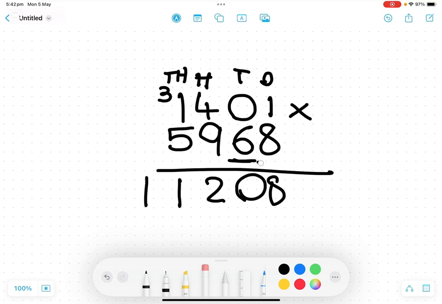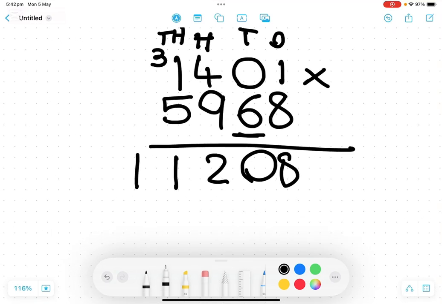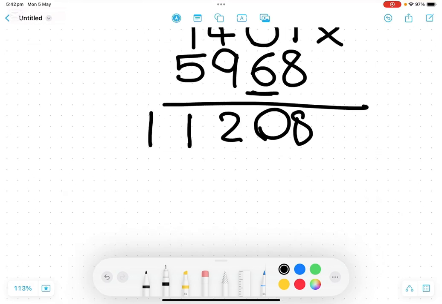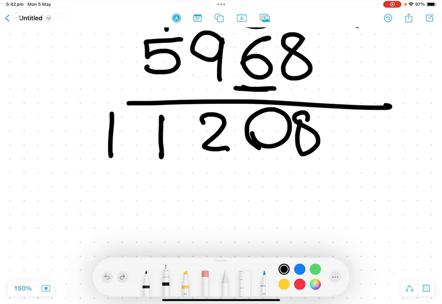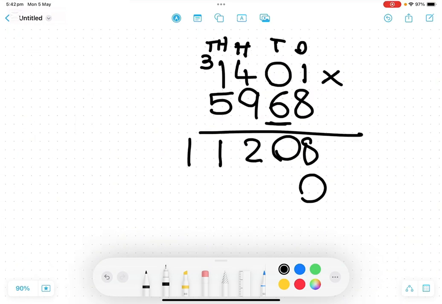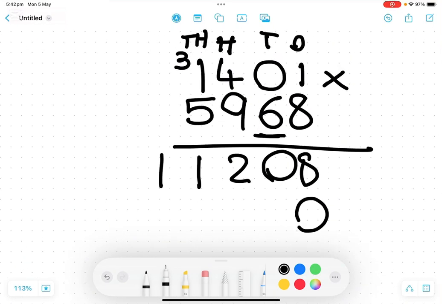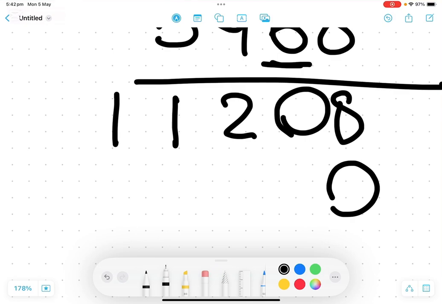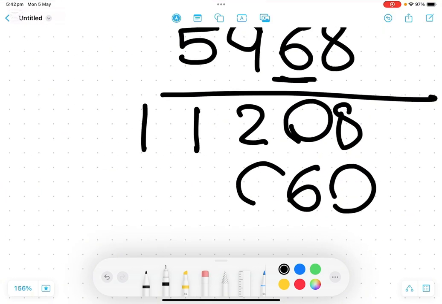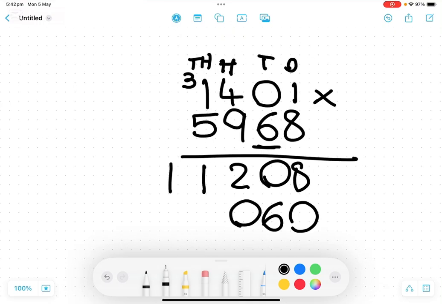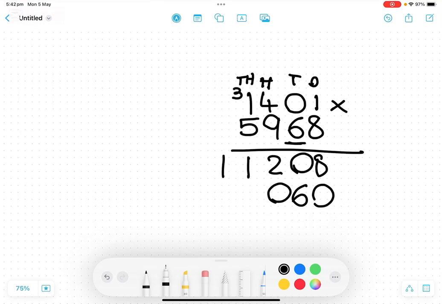Now we're gonna start multiplying by 6s. But first, of course, you need to jot down a 0. So put down a 0. And now we're gonna start multiplying. So 6 by 1 is 6. 6 by 0 is 0. 6 by 4 is 24.